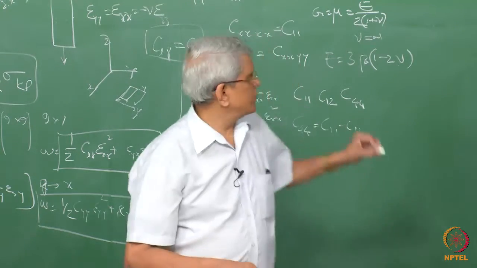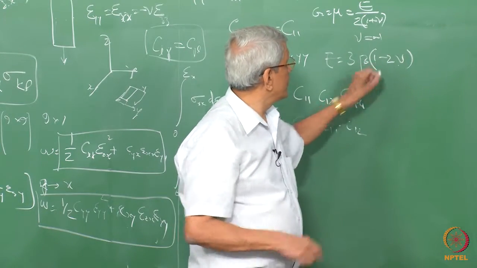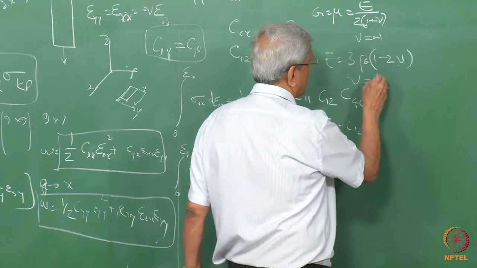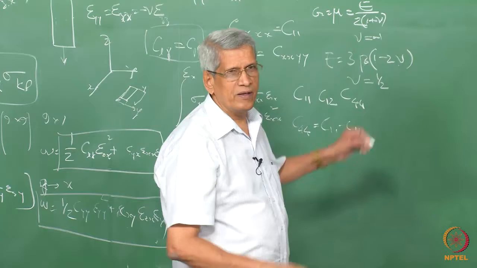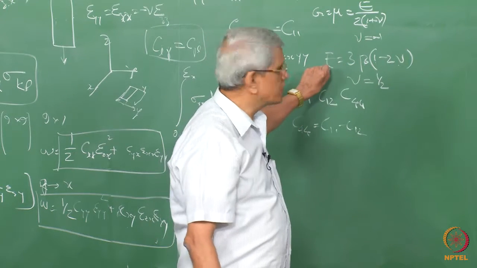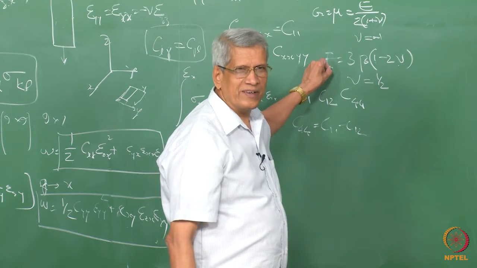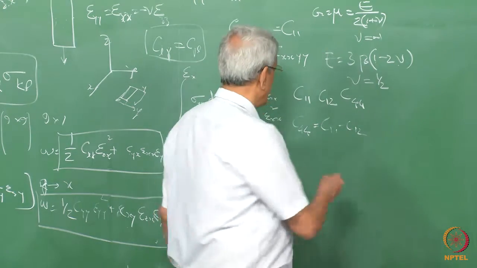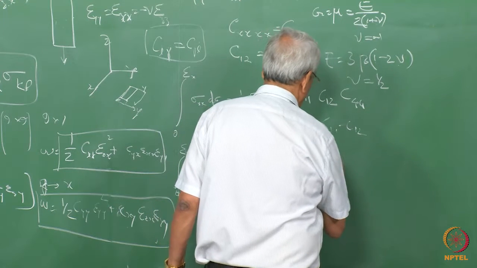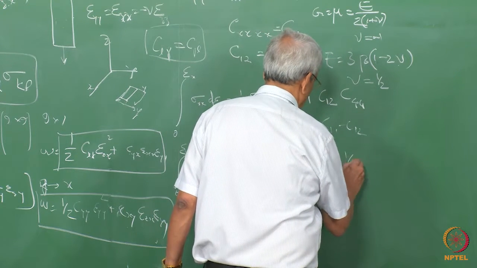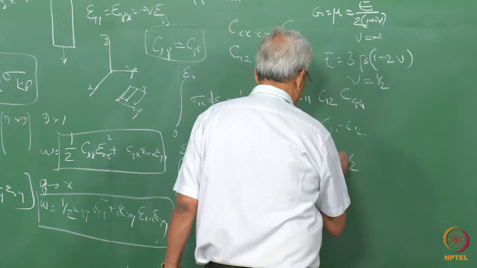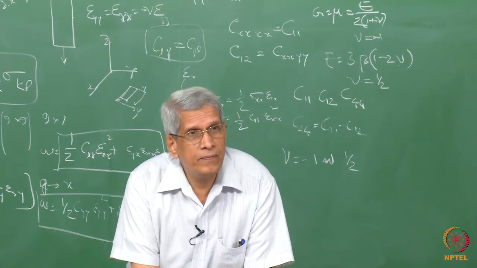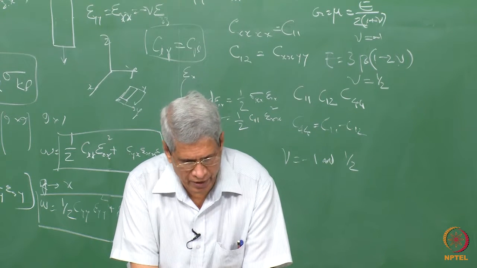From this expression, if nu equals half, the Young's modulus will turn out to be 0, which is not possible. So the value of nu has to be between minus 1 and half, correct? This is the maximum value nu can have.